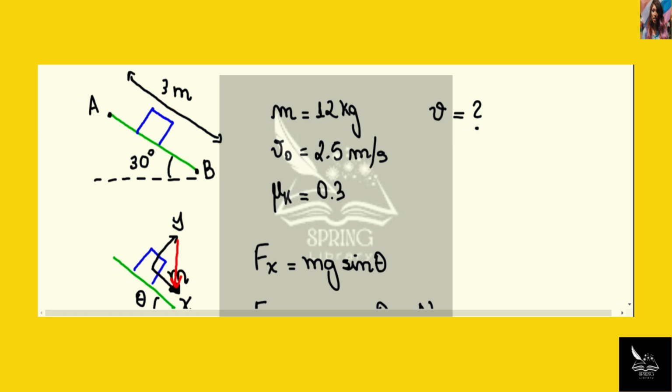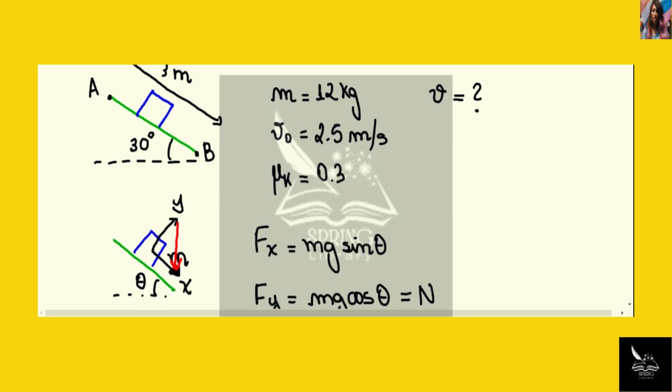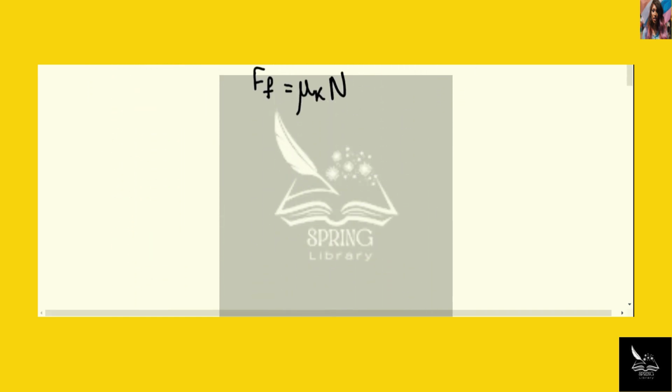In order to do that, let's first find the acceleration of the block as it slides down the inclined plane. Notice that the acceleration in the y direction is 0 since the block does not move in the y direction. So the magnitude of the normal is equal to the magnitude of the gravitational force in the y direction.